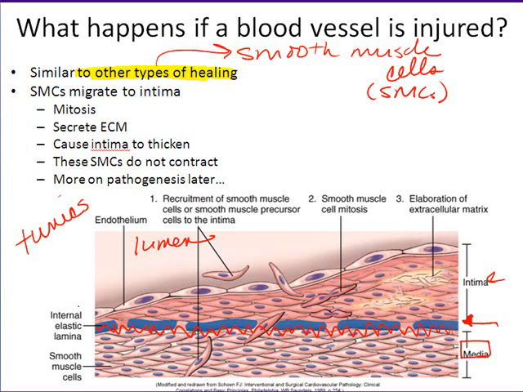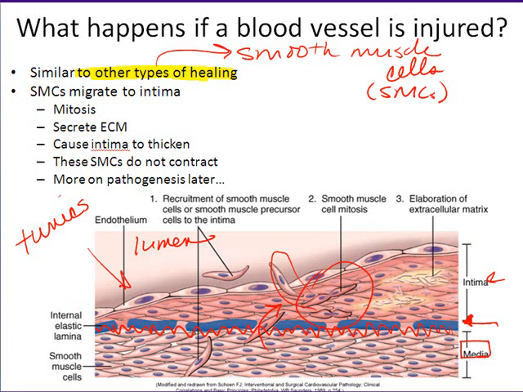And these are the principal guys that, if the tunica intima, the innermost layer of the blood vessel, gets damaged, they will migrate from the tunica media into the tunica intima, and you can see some here that have migrated in, and they will actually then begin the process of healing and repair.